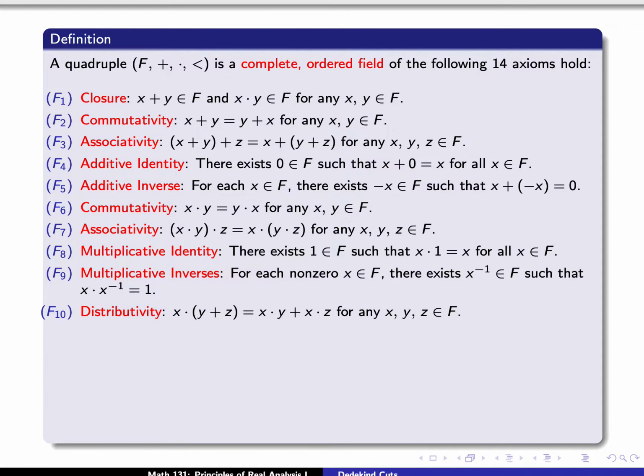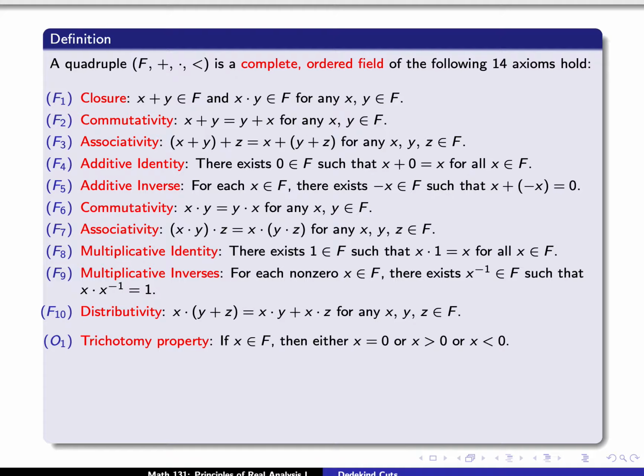Then we have distributivity. This relates addition and multiplication. Given any three elements x, y, and z, we could first add y and z and then multiply by x, or we could multiply x and y, multiply x and z, and add those two together.